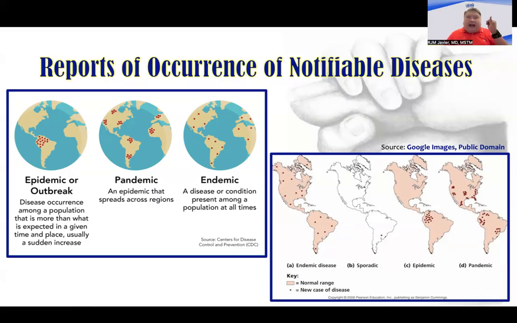In 2025, let's say you had 300. In 2025, you had, let's say, 490. Then all of a sudden, come 2026, it shoots up to 800. Although you know that the usual incidence rate is about 400, and then suddenly an increase in number occurs, then that is what we call your epidemic, or what you call your outbreak.